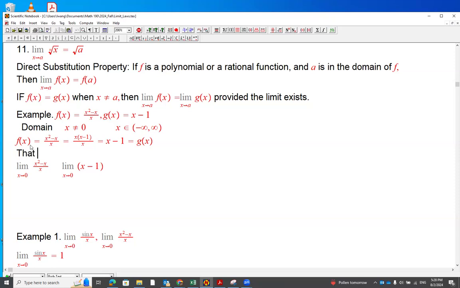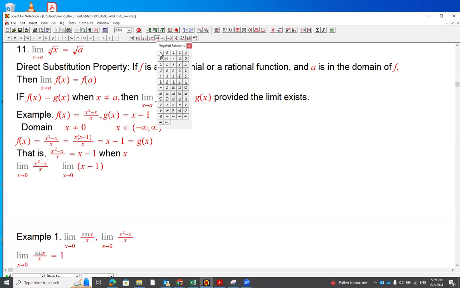So f of x equals g of x when x is not 0, and they're the same everywhere else. Well, then obviously the limit exists.